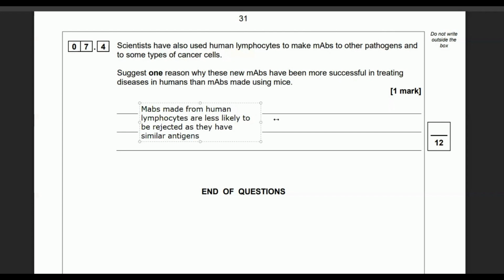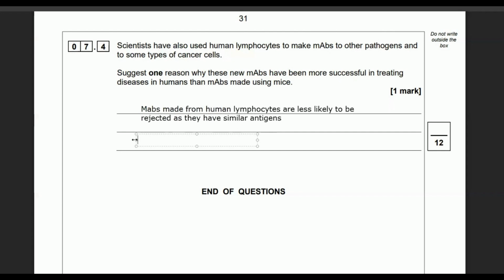Human antigens are going to be more similar on the lymphocytes on the MABs than on the mice. Mice are different animals, so they have different shaped antigens. They're more likely to be rejected.